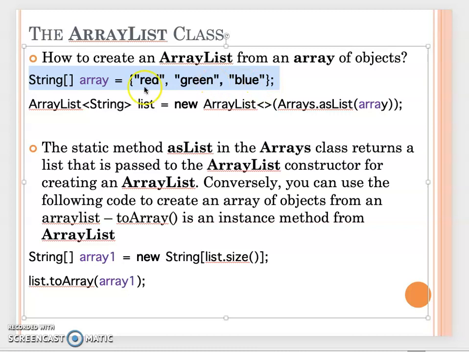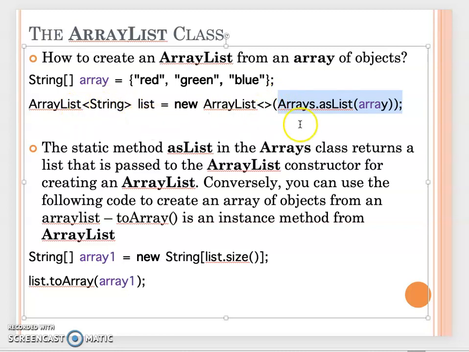If you want to convert this existing array to an ArrayList, you just need to pass this array to the method Arrays.asList, using it in the constructor. Then we create a new ArrayList.